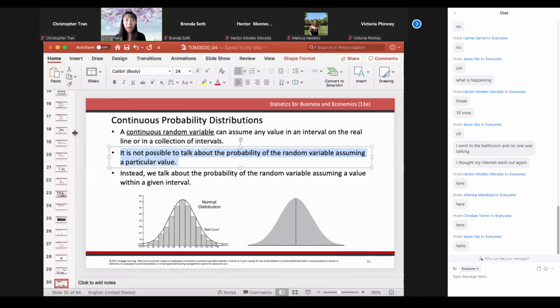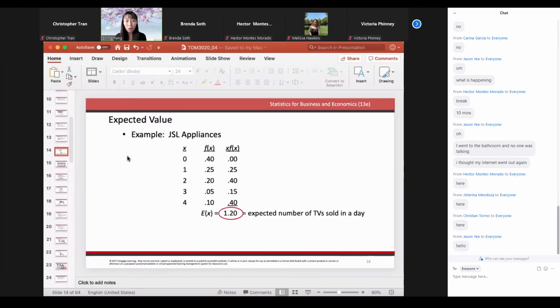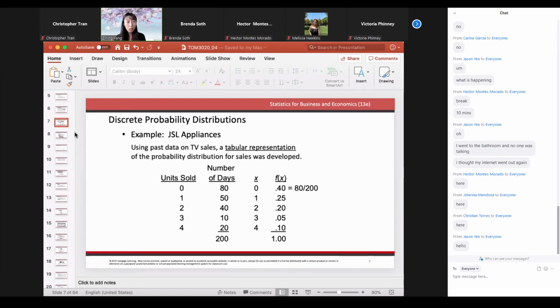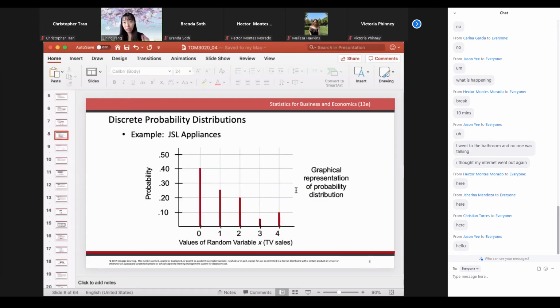Because we have seen, let me go back, we have seen the histogram of a discrete random variable distribution. In those cases, x takes discrete values.